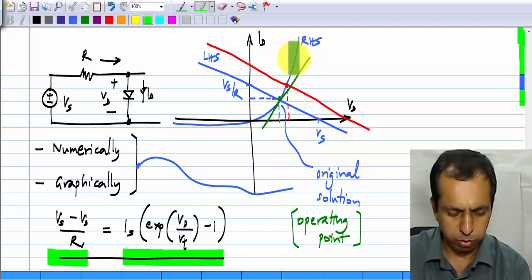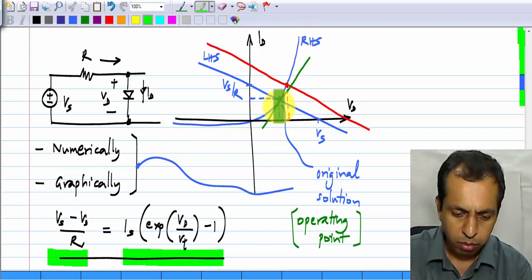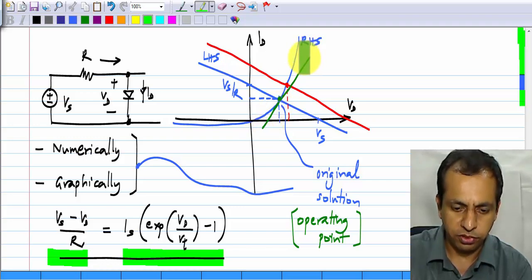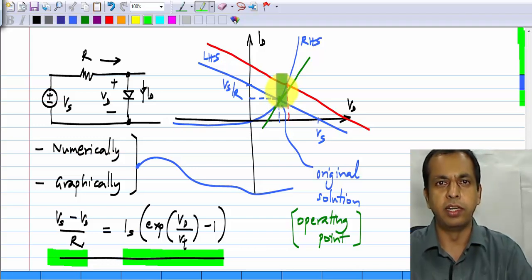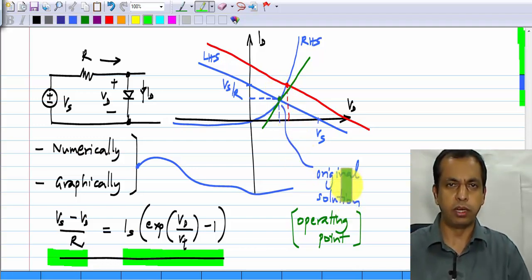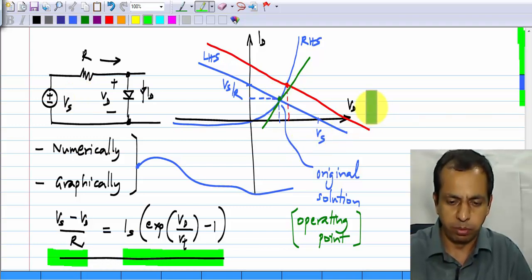It can also be proved formally from the equations. So, we are approximating this curve, which is this blue curve, the nonlinear one, by its tangent, which is of course a straight line at the operating point. And operating point, for now you can consider it as the very first value that you calculate. For some value of Vs, you have calculated the exact solution, that is the operating point.